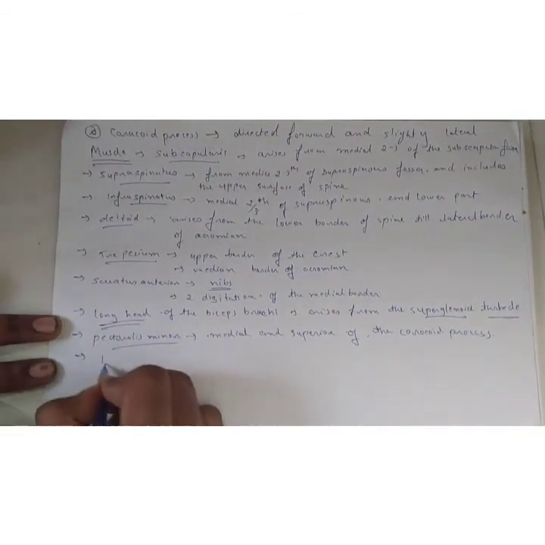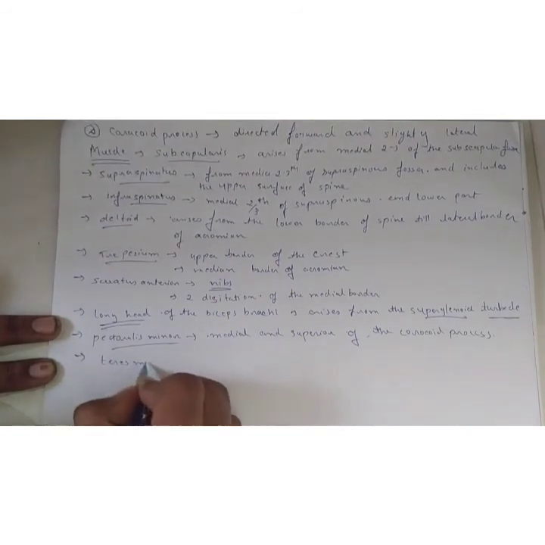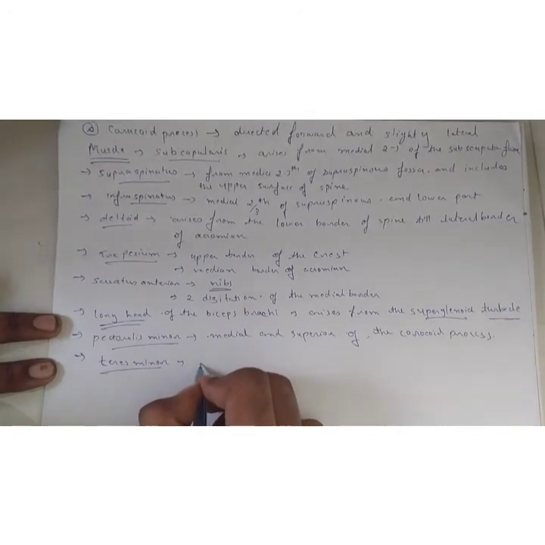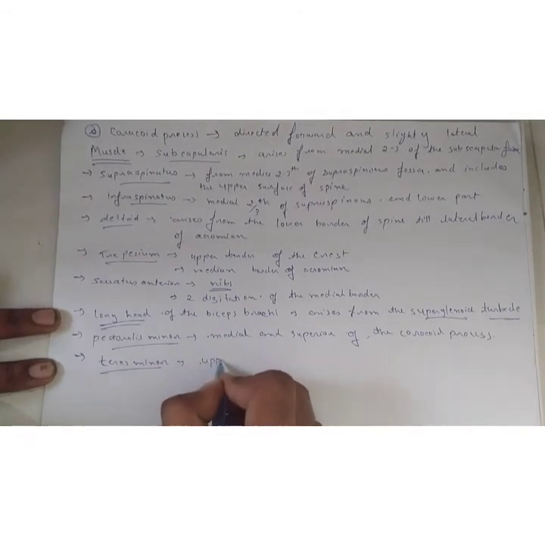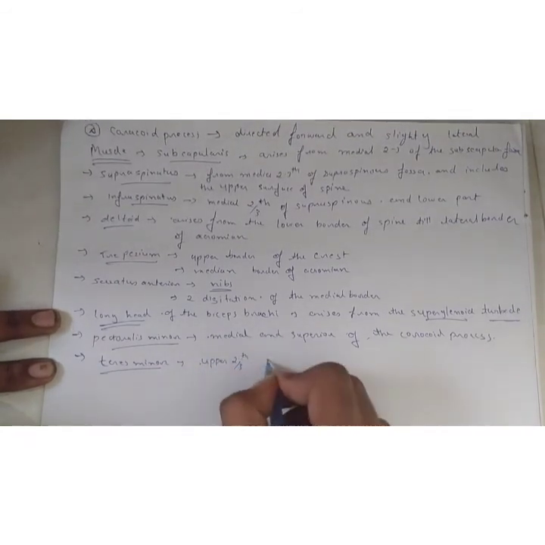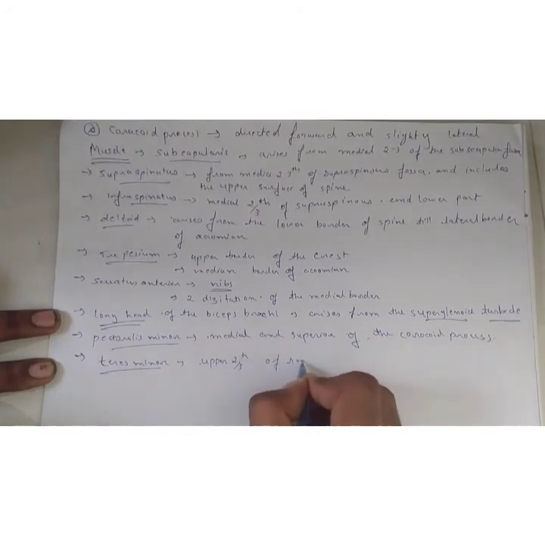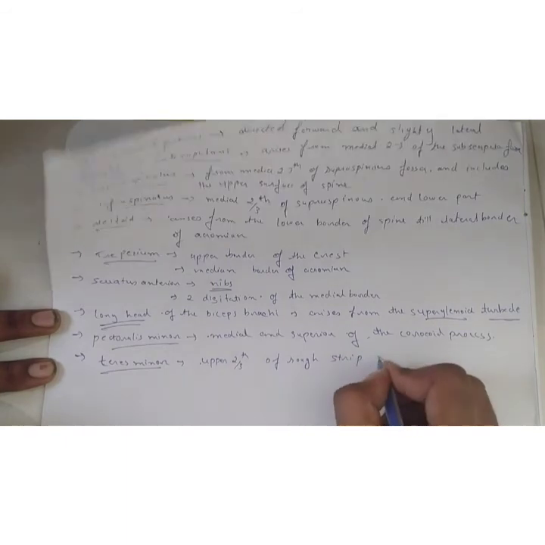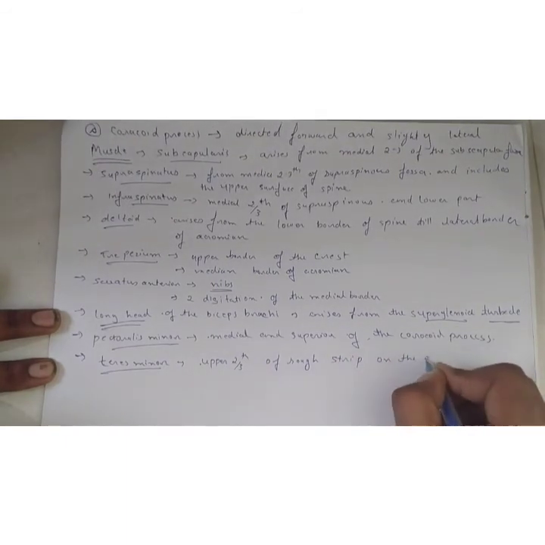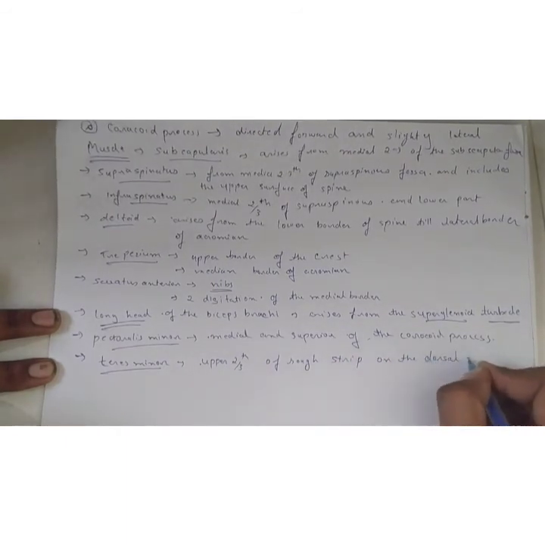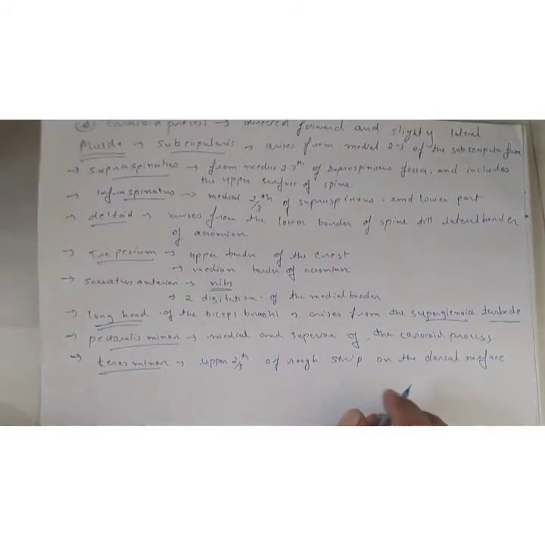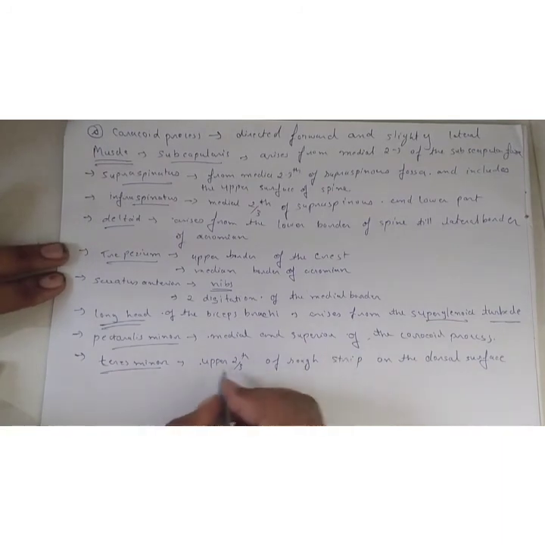Then comes the teres minor muscle. It is from the upper two-thirds of the rough strip on the dorsal surface along the lateral border.